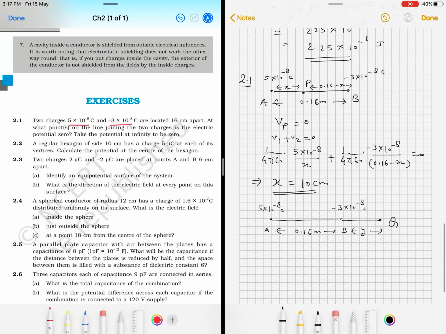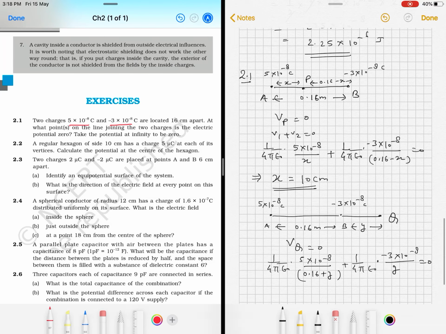So when we write in the same way VQ equal to 0, it will be 1 upon 4 pi epsilon naught, 5 into 10 to the power minus 8, and the distance AQ is 0.16 plus y, plus 1 upon 4 pi epsilon naught, minus 3 into 10 to the power minus 8 and the distance is y, equal to 0.